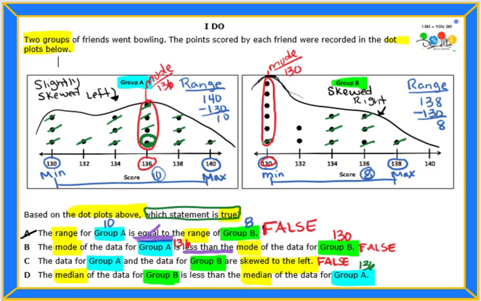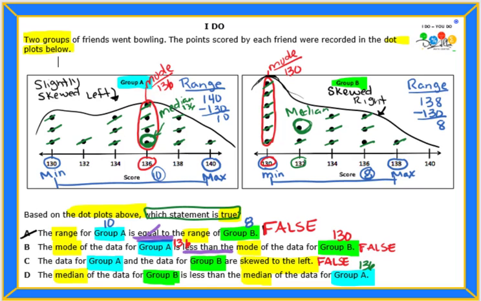So from the bottom, 1, 2, 3, 4, 5, 6, 7. So that means this dot right here is in the middle, and so that is my median. Okay, so that's 132, and our median over here is 136.